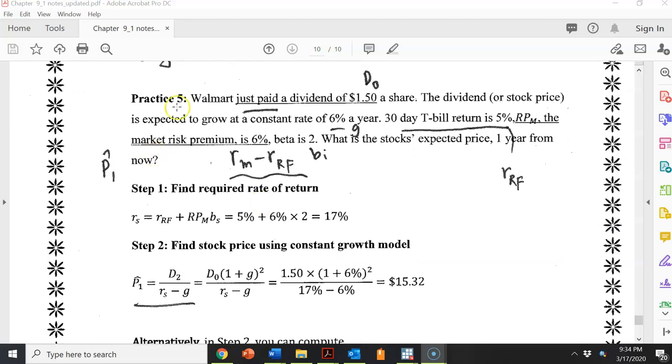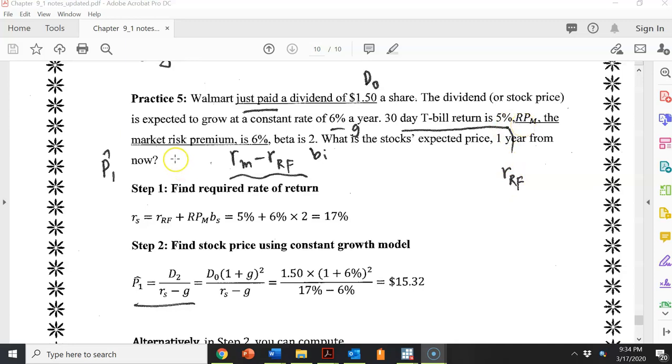Practice 5. Walmart just paid a dividend of 1.5. Just paid, already paid, means D0, 1.5. Dividend grows at G, 6%, a constant rate. The 30-day Treasury return is the risk-free rate, 5%.